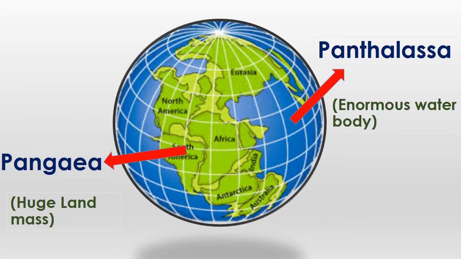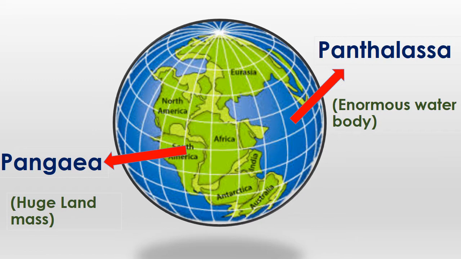Now see. Can you see the green part? The big green part? And the big blue part? So, this big green part was a big land piece, huge land mass. It used to be called Pangaea. And the blue portion, the whole of the water was together.